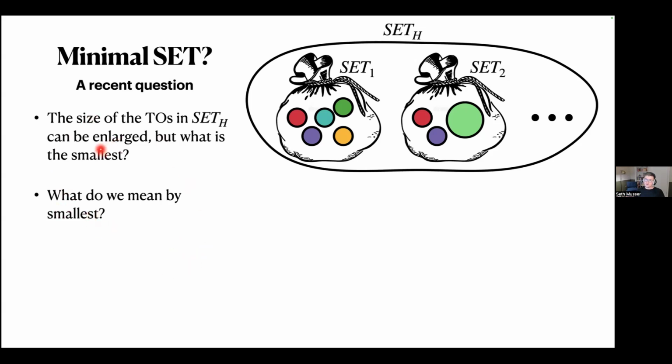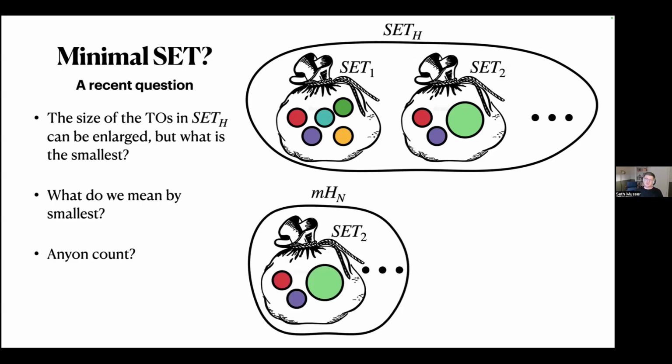So for me to tell you what the smallest is, I actually have to be a bit pedantic and ask, what do you even mean by smallest? Does small mean anyon count? If that's what you mean by small, we can define a class, the minimal orders that respect this symmetry group H according to anyon count n.